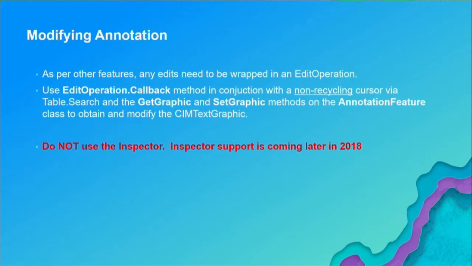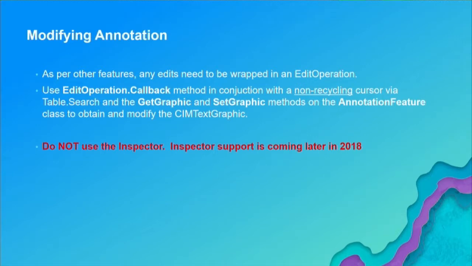There's only a few special instances where you should be using that callback method. Annotation has now become one of those special cases where you need to use it. This is going to change possibly in the next release, or at least later in 2018. We're going to add in some inspector support for annotation. We don't have that right now.